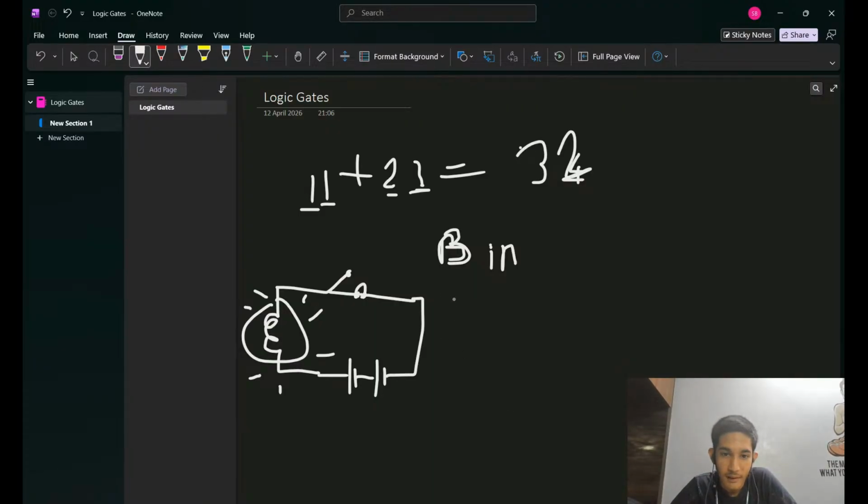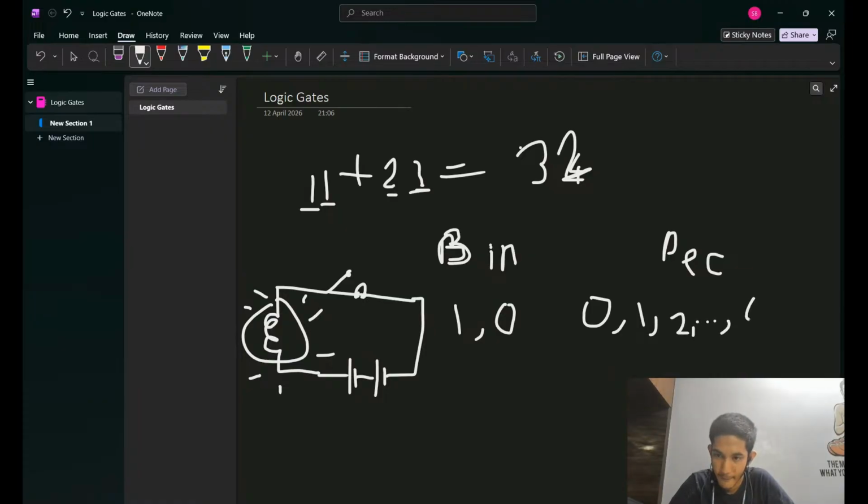Anyway, binary is simply 1 and 0, and binary is not very different from decimal, the system we all know and love. It uses simply 10 numbers, 0, 1, 2, and so on until 9, right? But after that, there is no 10.